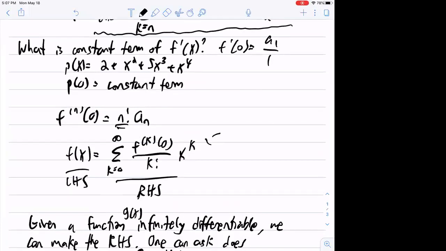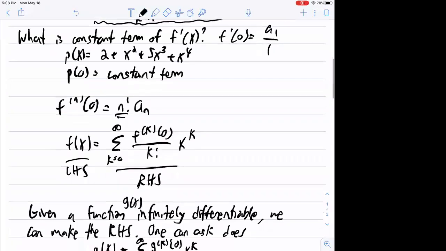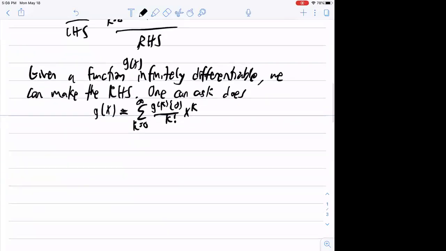But now the question becomes, in general, I can always write it in terms of derivatives, but does it actually agree with my function? So we're going backwards in a sense. Does g equal its Taylor series representation? Is everyone clear with the question?